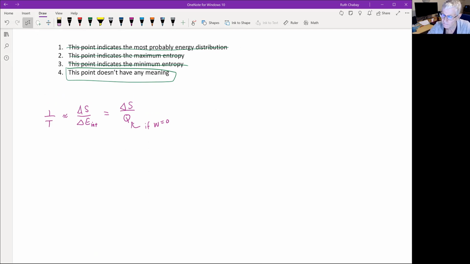So this relationship, temperature is dS/dE, and if there's no work done, that's delta S over Q, the amount of energy transferred due to a temperature difference, could lead to a relationship that the change in entropy of a system is equal to Q over the temperature, provided the process happens at a constant temperature.